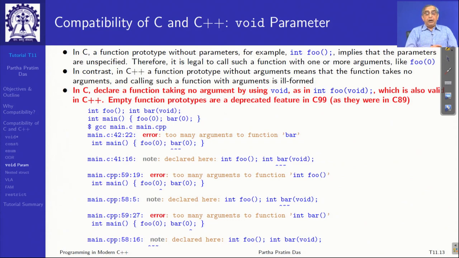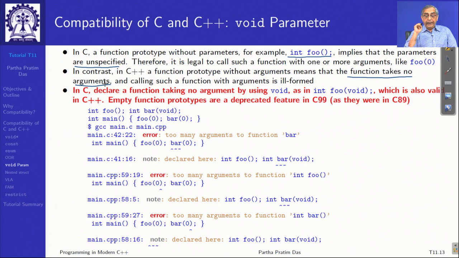Now, how do you treat void as a parameter? Suppose in C you provide a function prototype as int foo with no parameter. This implies that parameters are unspecified. When you treat the same signature in C++, it means that it takes no arguments.